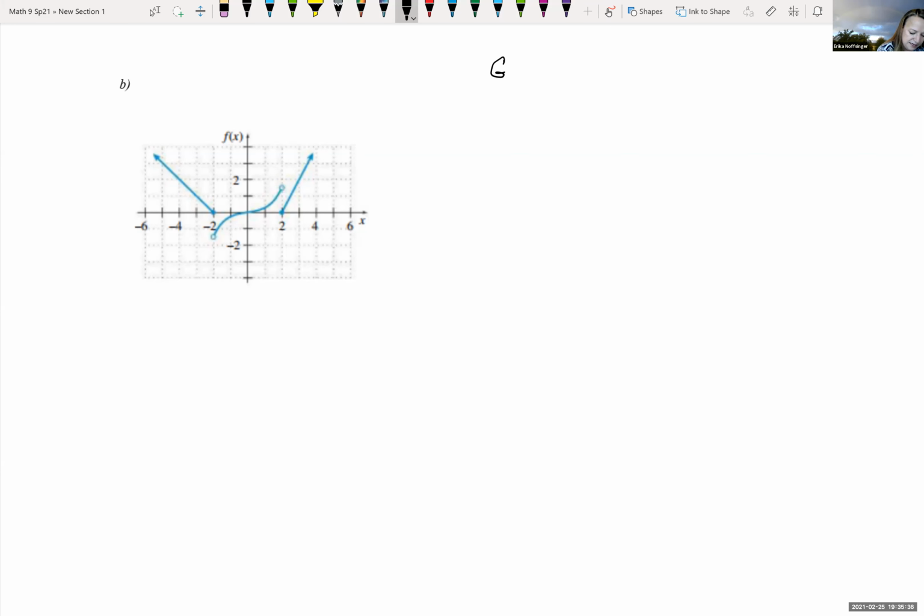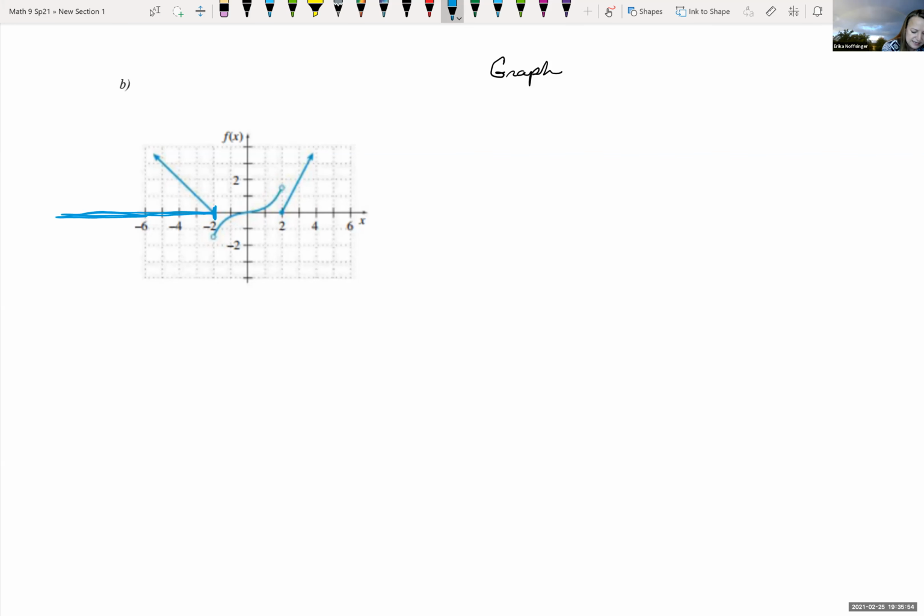And so in this piece, the easiest way is looking at, first of all, the lines that are in here. I notice from -infinity to x equals -2, notice that's a line.